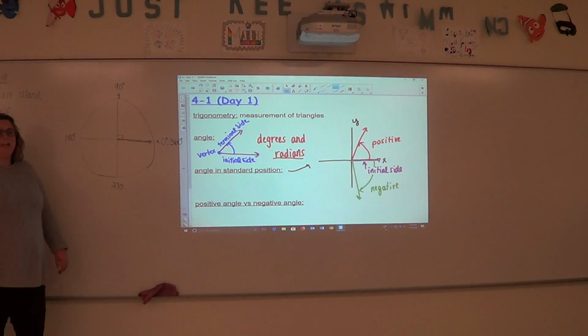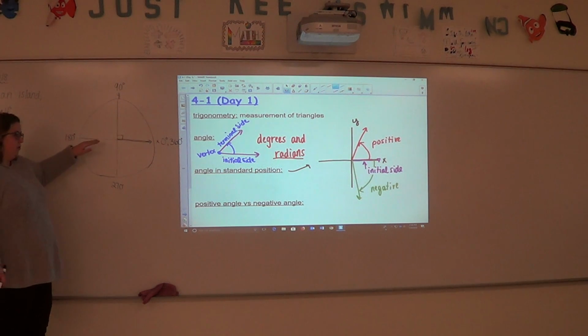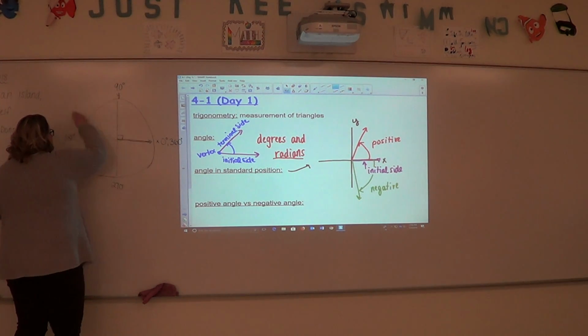Where would negative 90 degrees be? 270, down here, right? Because you go backwards. So negative 90 and 270 are the same exact place. They would look exactly the same. Does that make sense? We will talk about angles that are bigger than 360, but everything will have to fit somewhere in here.